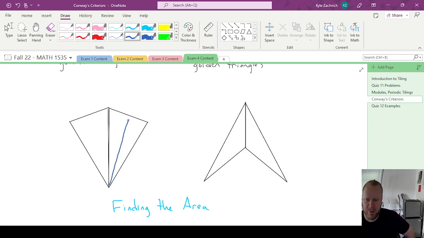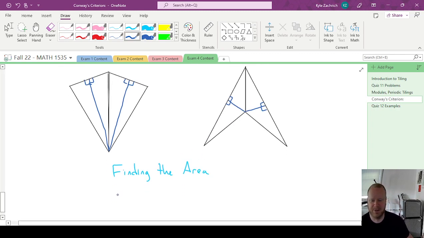I would say just break this up into right triangles, and here's a 3, 4 right triangles. Just like you would find the area of a golden triangle by breaking it up into two right triangles, this is just 4 of those golden triangles. Same thing here. We've got 1, 2, 3, 4 right triangles.